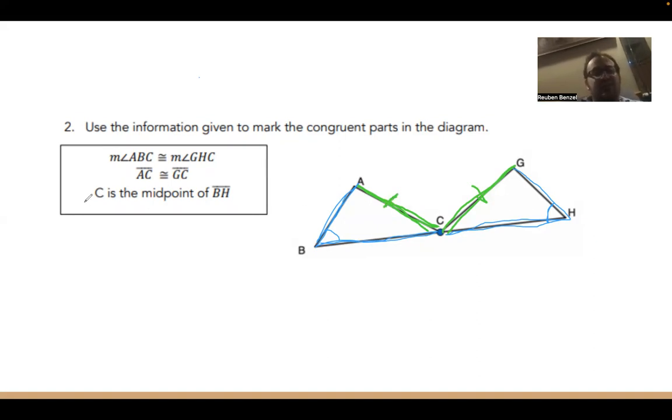And then last but not least, it tells us that C is the midpoint of BH. I'm going to get a third color here to show you that. Red for that.